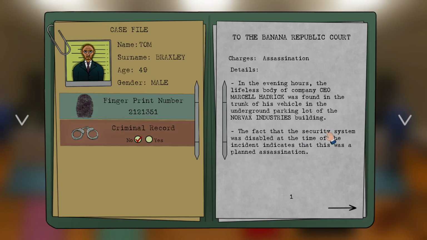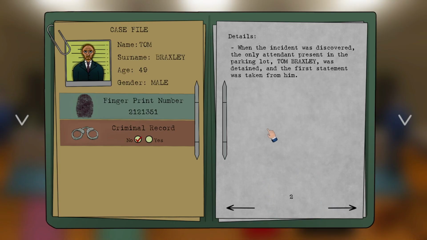The fact that the security system was disabled at the time of the incident suggests this was a planned assassination. When the accident was discovered, the only attendant present in the parking lot, Tom Linkley, was detained and the first statement was taken from him.